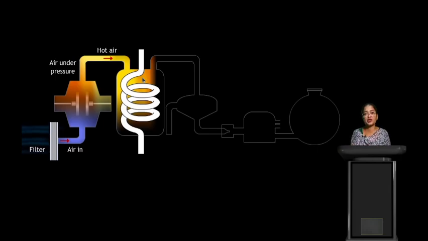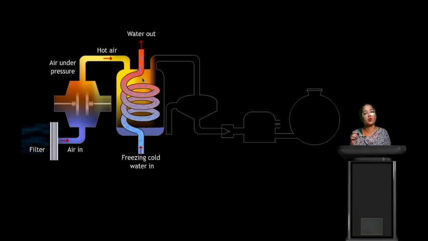So there's hot air, and then it goes through another column. Freezing cold water is passed through this column, with a continuous flow of water in and out.